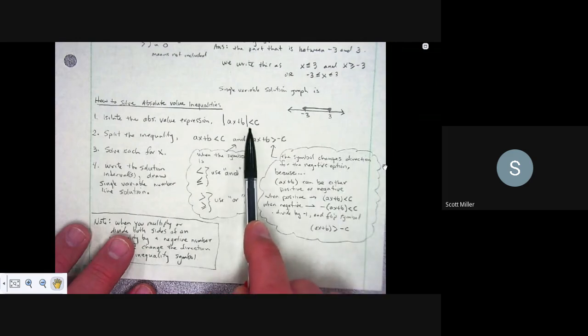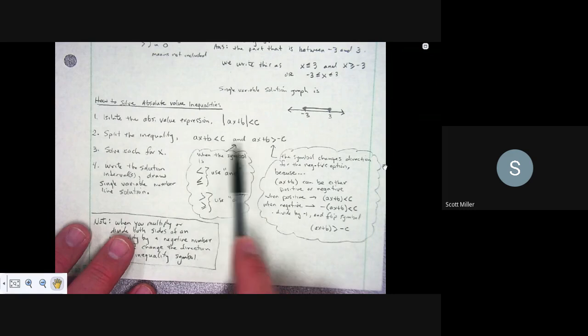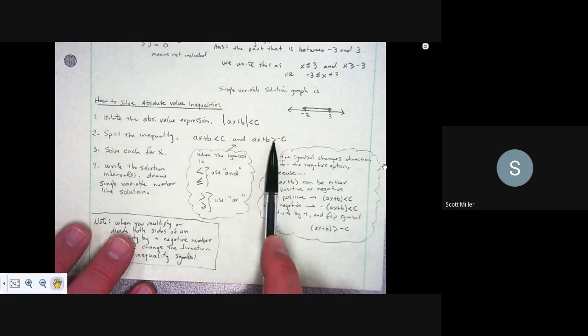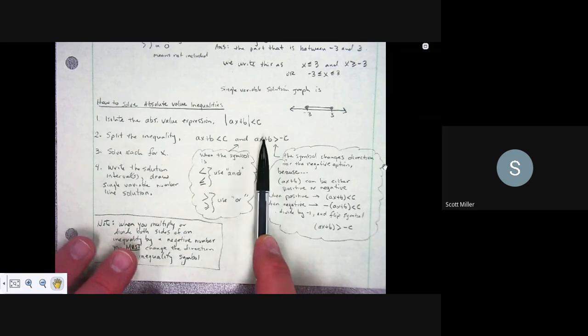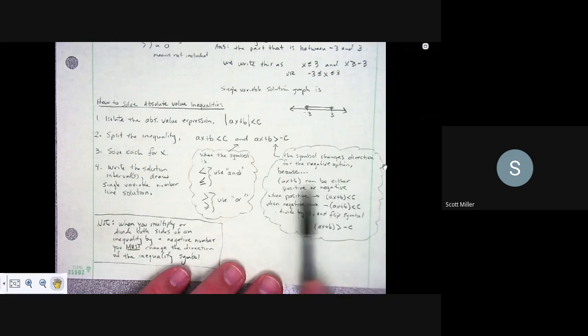Now take a look at this. When I split it this time, notice that the symbol changed directions on the negative one. Why is that? Because remember, the answer, this thing here can be either positive or negative, correct? Since it can be positive or negative, when it's the negative one, this number here would be a negative thing. When it's positive, it's just simply that.